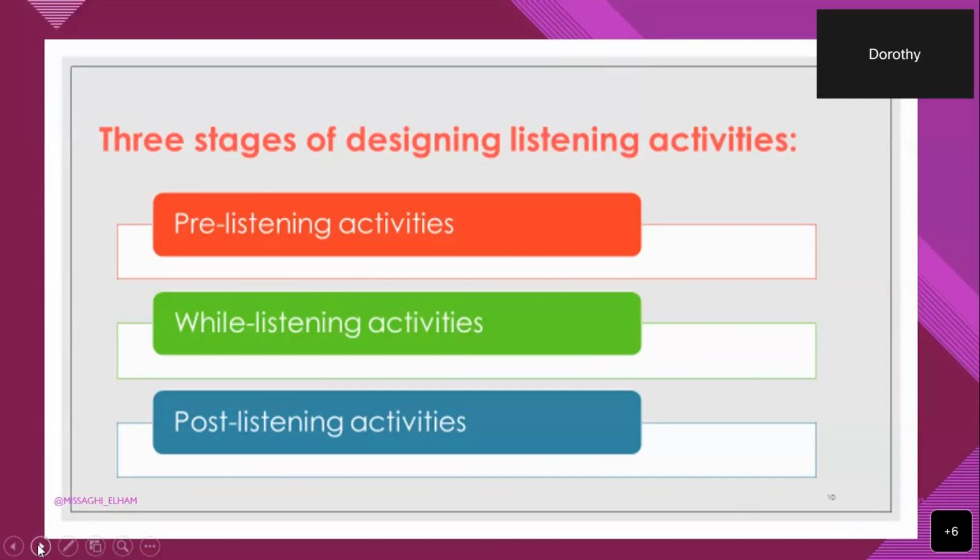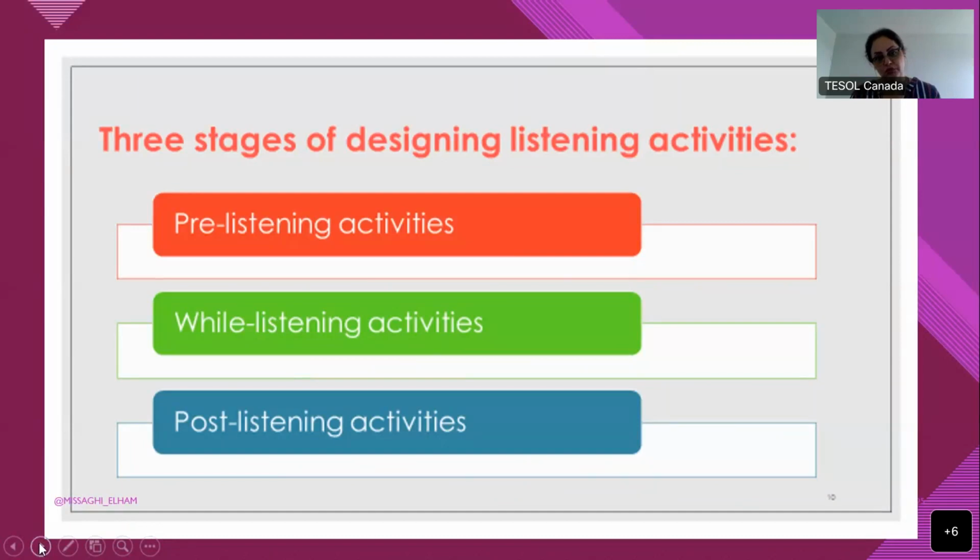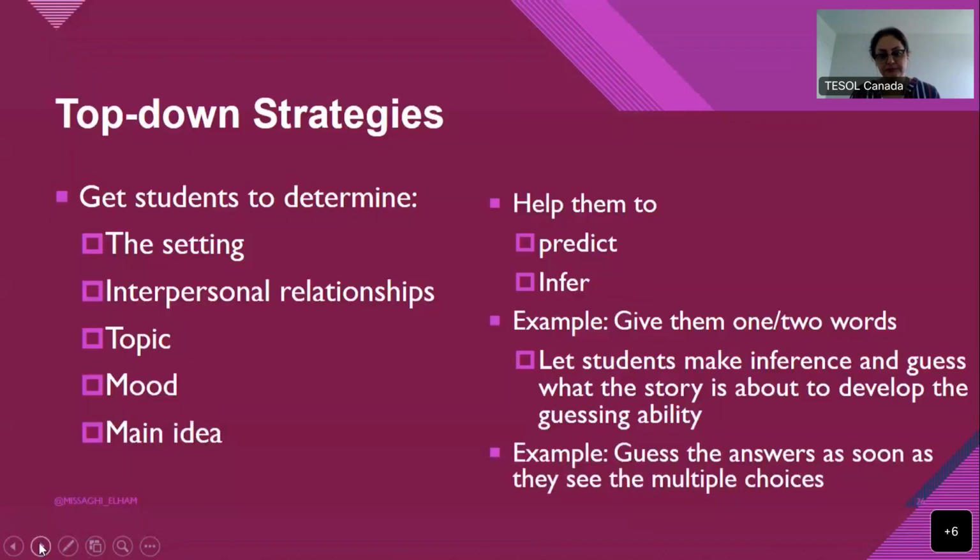Definitely, we need to give them some homework related to the lesson to practice at home, to review what they have learned in the class, and they can remember it better. So, top-down strategies. They can say about the setting, they can talk about the topic, they can talk about the mood of the speakers, the main idea of the listening.